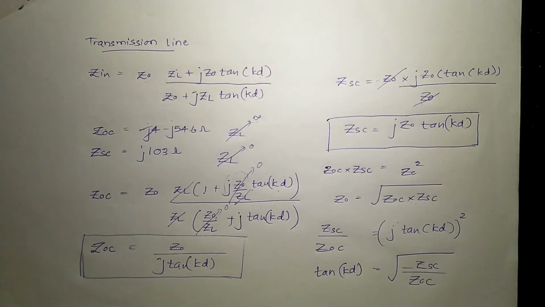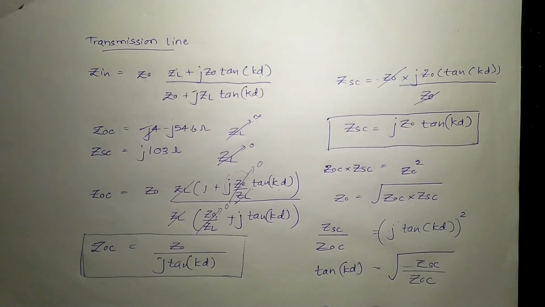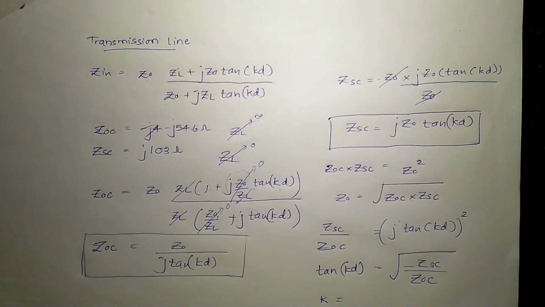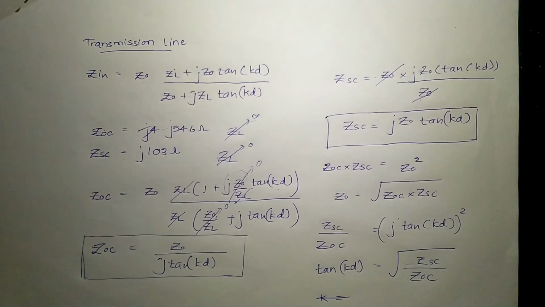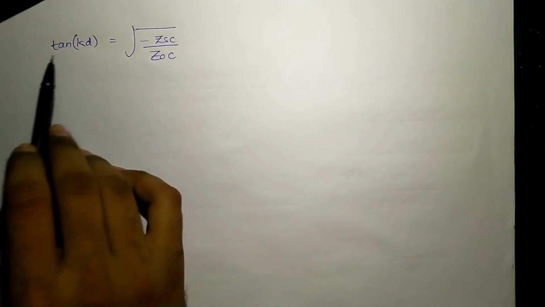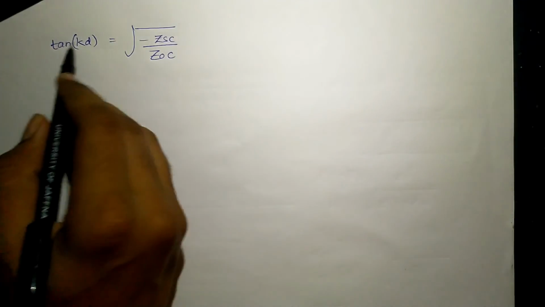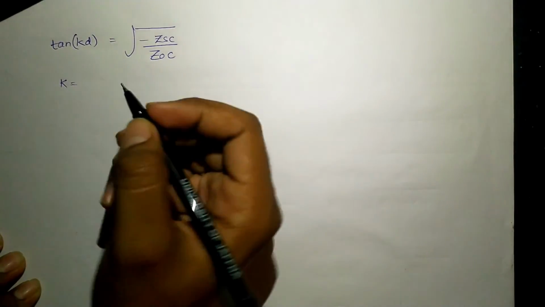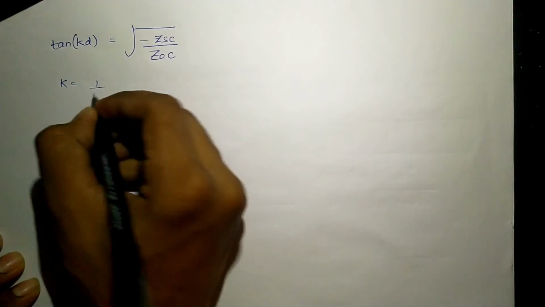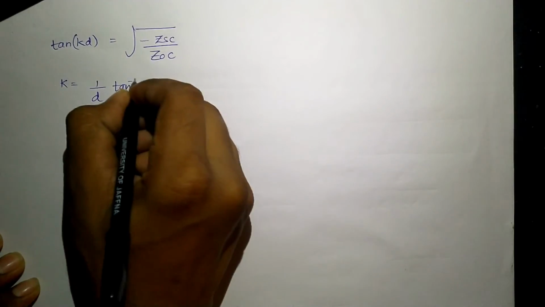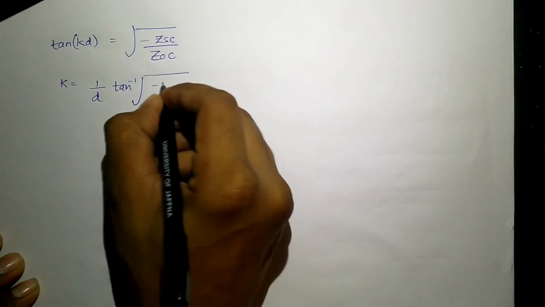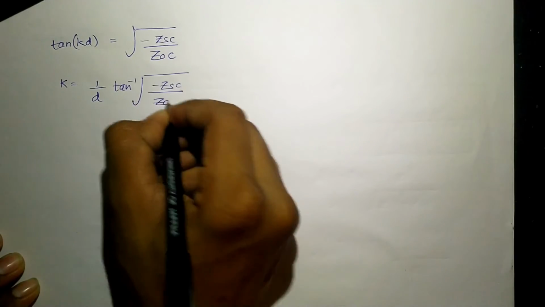We need to make K the subject. Therefore, tan KD is equal to root of minus ZSC over ZOC. So K is equal to 1 over D tan inverse of root of minus ZSC over ZOC.